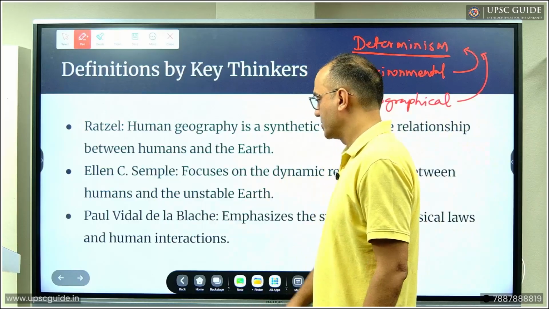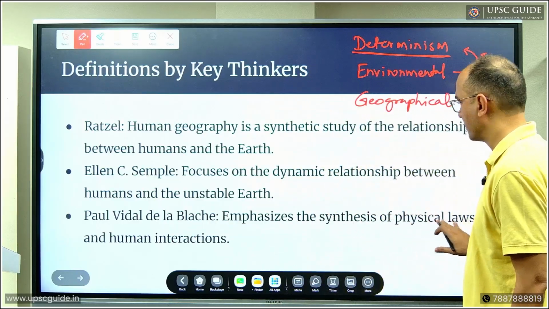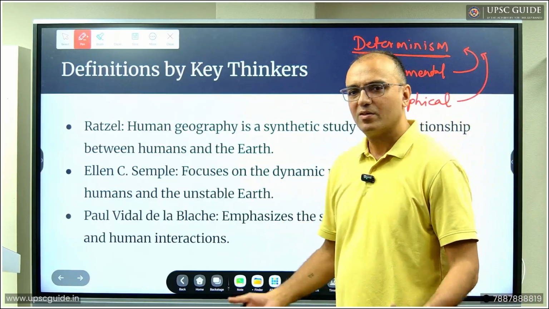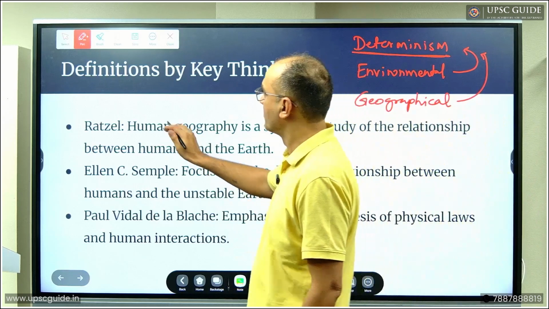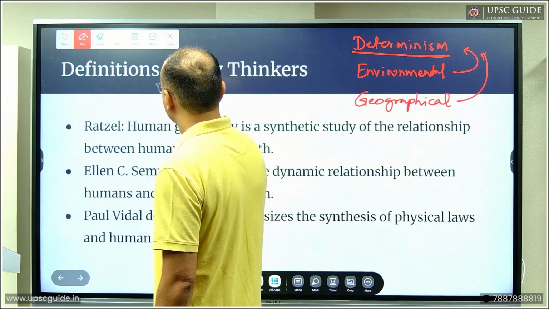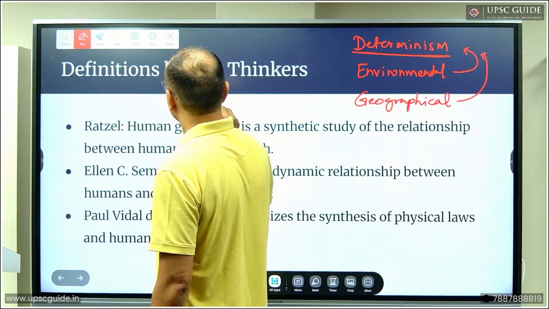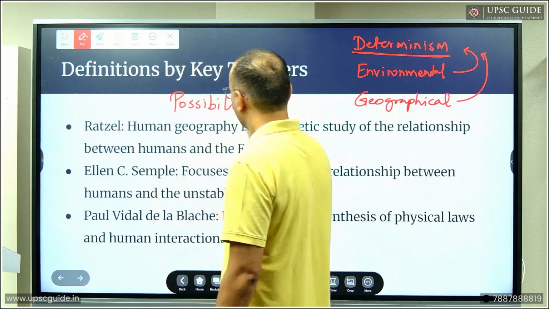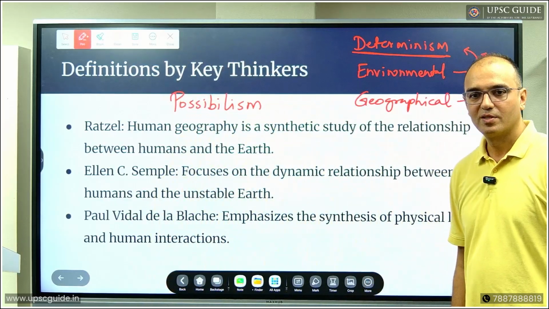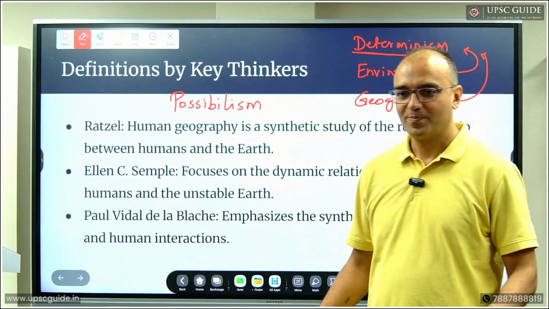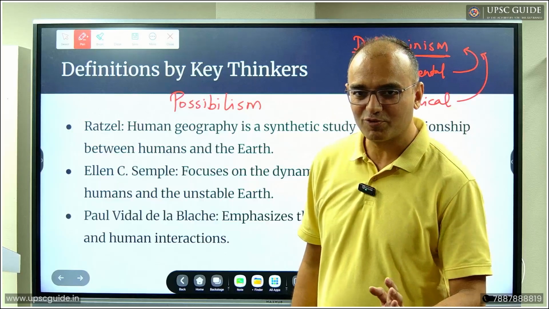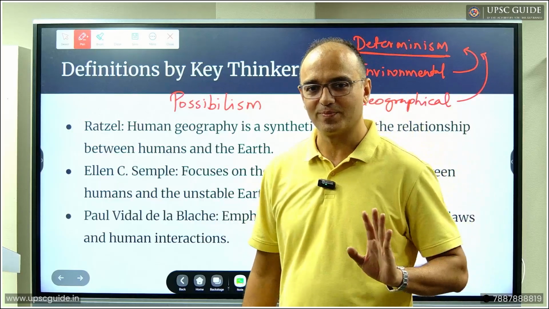So Vidal de la Blache emphasizes the synthesis of physical laws and human interactions. Forget about what he's saying. I'm telling you one simple thing. Possibilism. So human geography में the two major schools of thought is determinism versus possibilism.